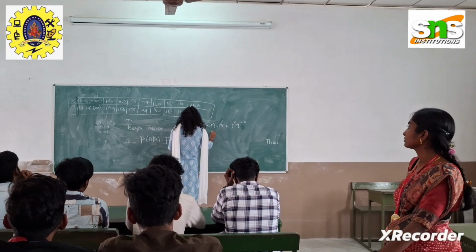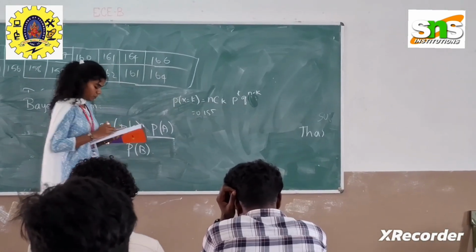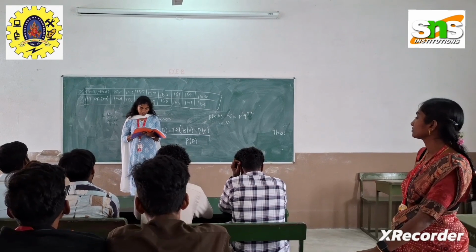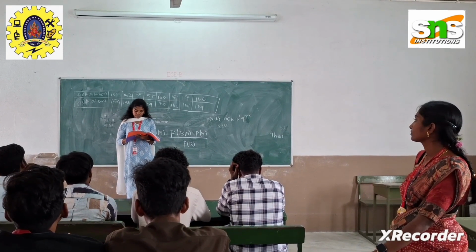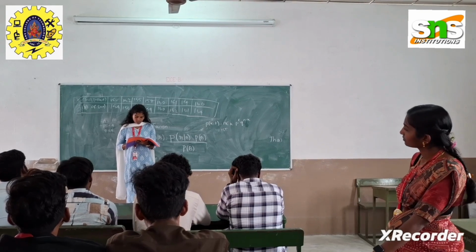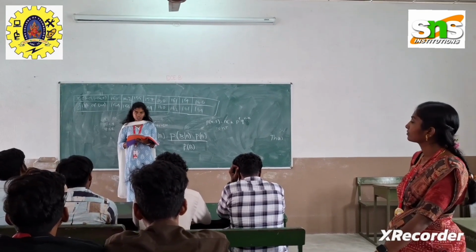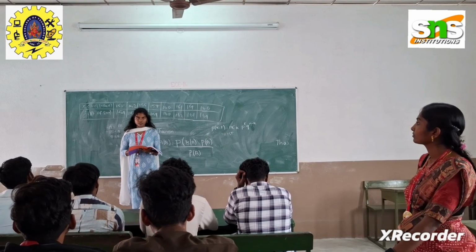So the answer will be 0.155. So the probability of exactly 40 patients responding to the treatment is approximately 15.5%. These probabilities can help the researchers understand the likelihood of different outcomes and make informed decisions about the medication's effectiveness. Thank you.